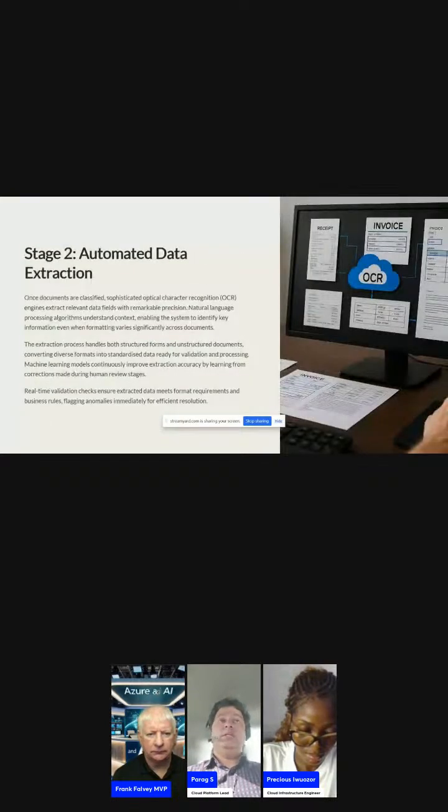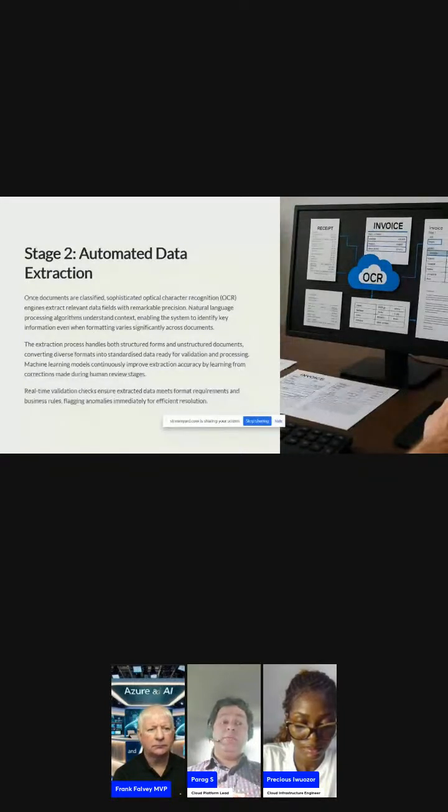The second one is critical, which is automated data extraction. As the name suggests, once the documents are processed and available for further processing, OCR engines extract the relevant data fields with remarkable precision, and NLP algorithms understand the context, enabling the system to identify the key information even when formatting varies significantly across documents.